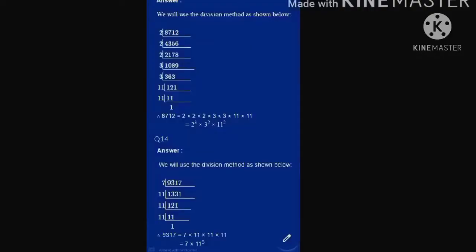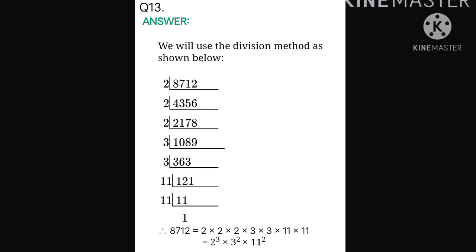Okay. Now let's start with another question, question number 13, which is 8712. Again we will use the division method. So 2, it's an even number, we will be dividing by 2. We are getting 4356. Again we are dividing by 2 and we are getting 2178. Again we are dividing by 2 and we are getting 1089.